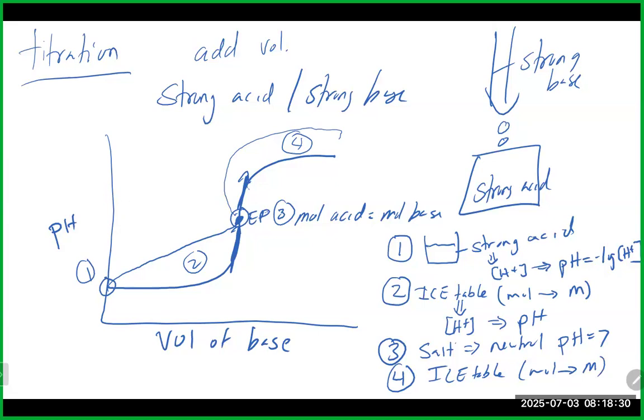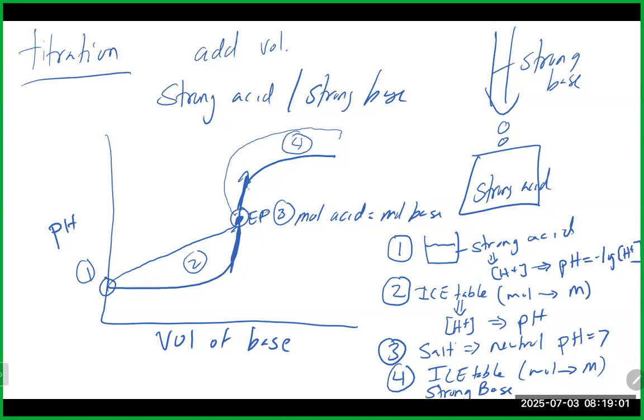The difference, though, at this point is because you are past the equivalence point, your acid actually becomes the limiting reagent and your base is the excess reagent because you just keep adding base right from the burette. Don't stop, basically. In that case the acid should be your change in that table, and what you'll end up with is actually a strong base left over.